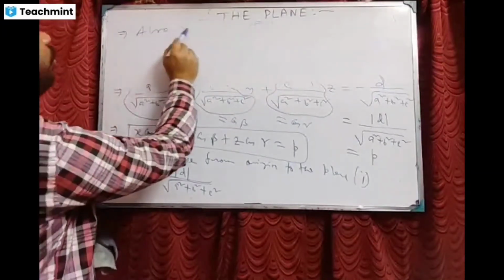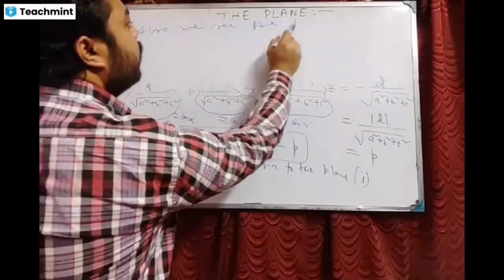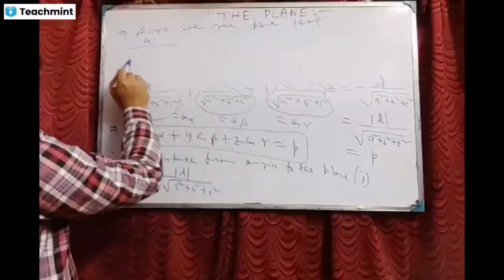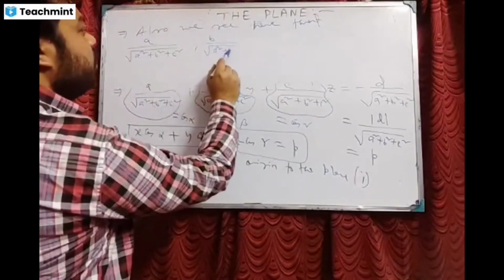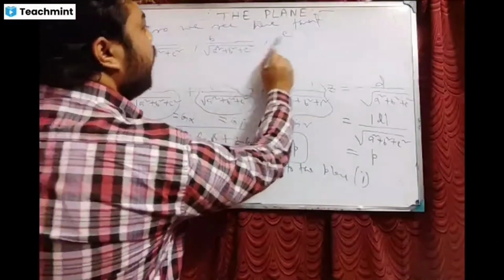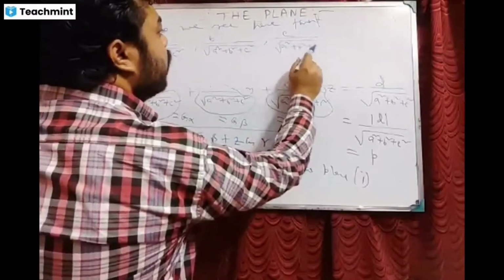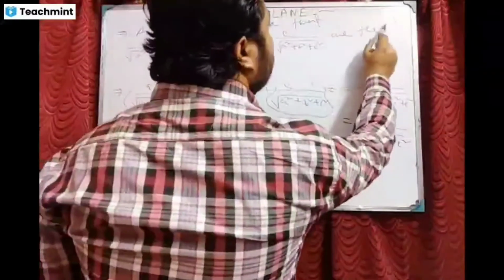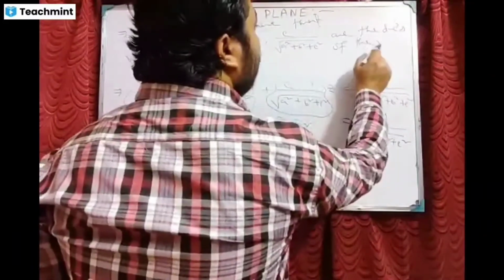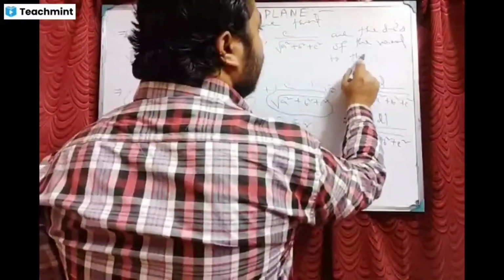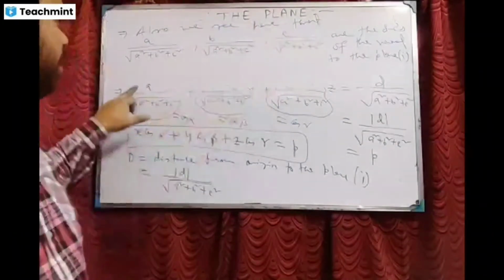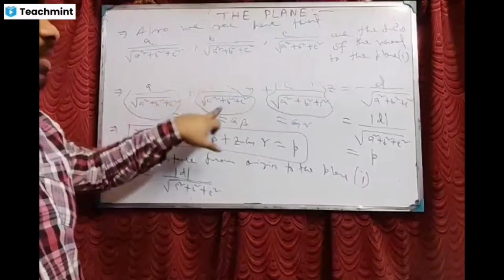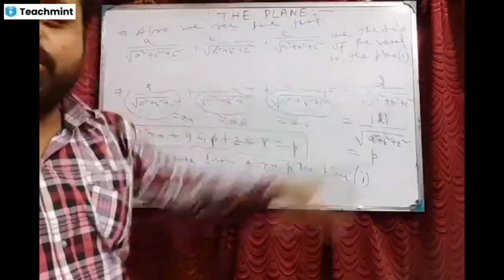Also, we see that a by root over a square plus b square plus c square, b by root over a square plus b square plus c square, and c by root over a square plus b square plus c square are the direction cosines of the normal to the plane 1.